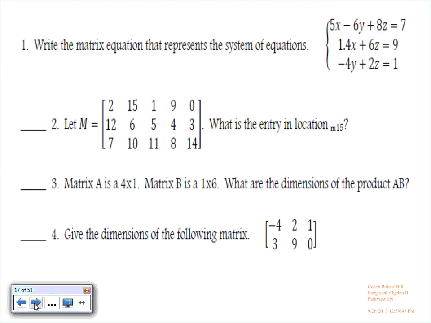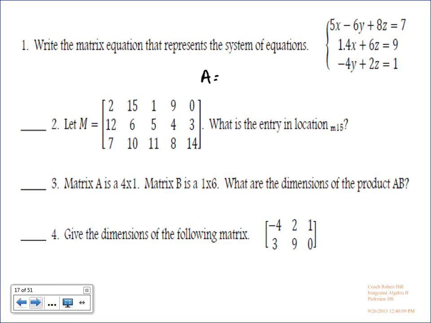But this page, you will have a calculator on your desk right now. I have the other part. You'll take these 8 questions, I'll give you that back, and you'll staple it all together. Got the idea? All right, so anyway, it says, write the matrix that represents this system.